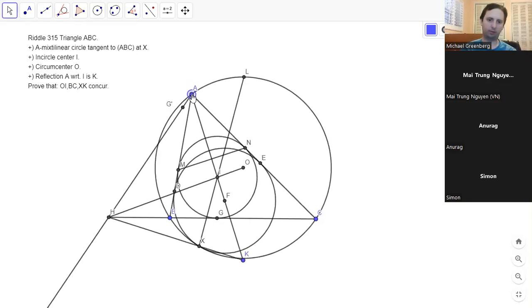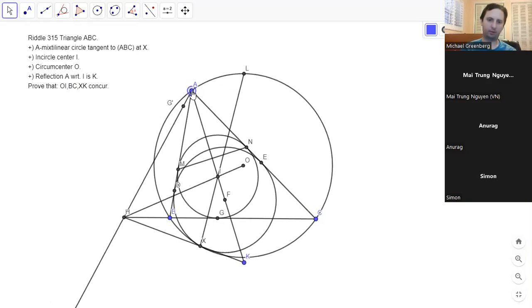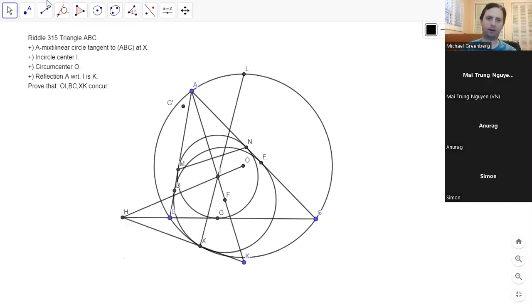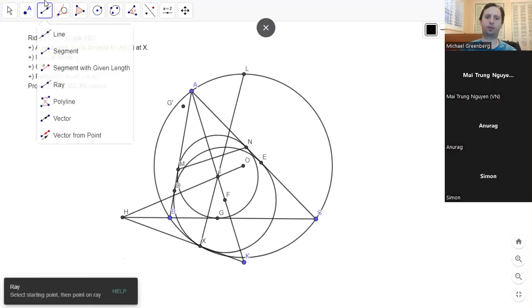So that seems like a useful lemma. Okay, so I'm going to draw that. That's not that complicated of a lemma.